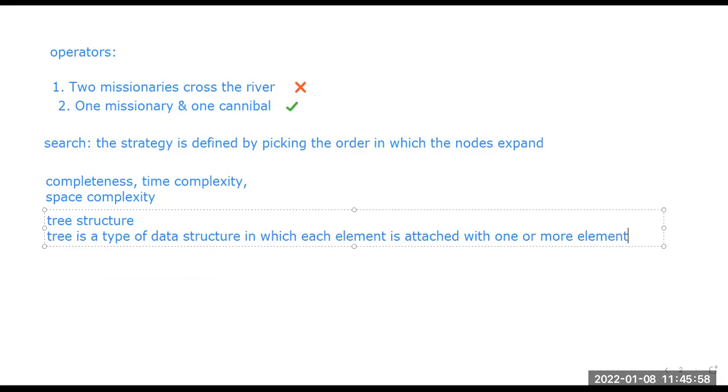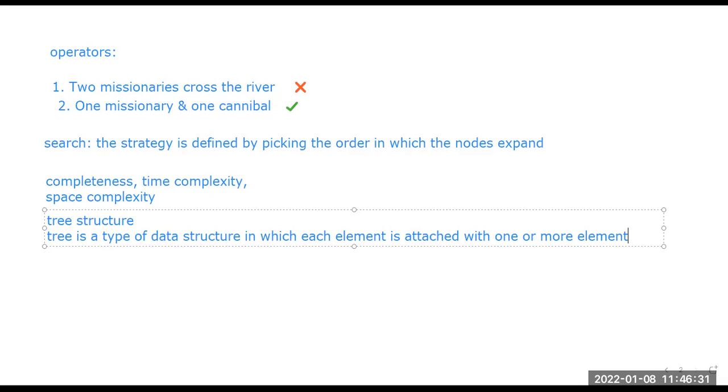The connections between elements are known as branches, and it is often called an inverted tree because it is drawn with the root at the top. There are several properties of this particular tree.